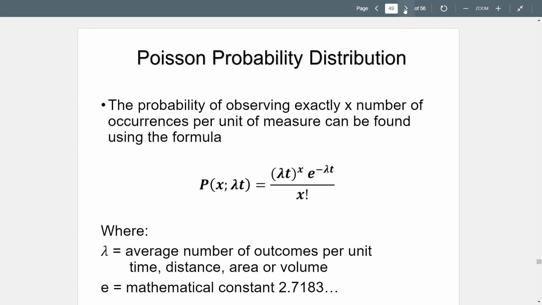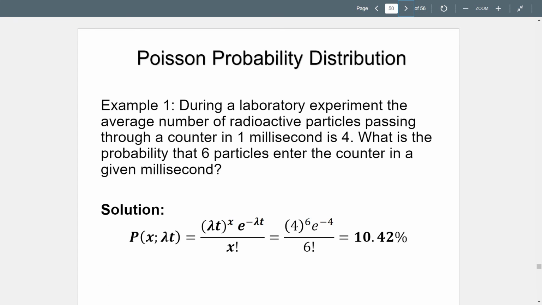Okay, let's see some examples. During a laboratory experiment, the average number of radioactive particles passing through a counter in 1 millisecond is 4. So that gives us lambda. What is the probability that 6 particles enter the counter in a given millisecond?